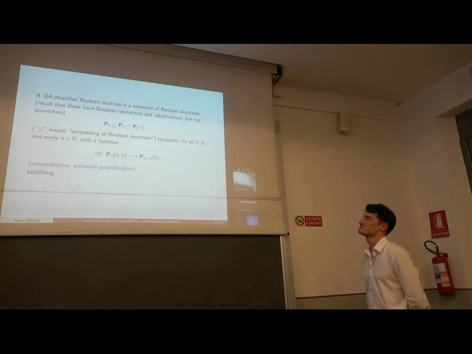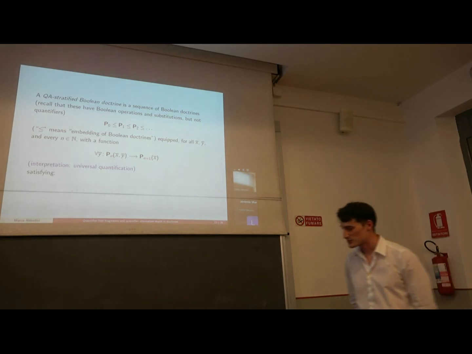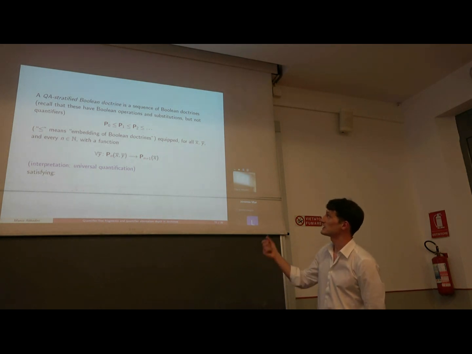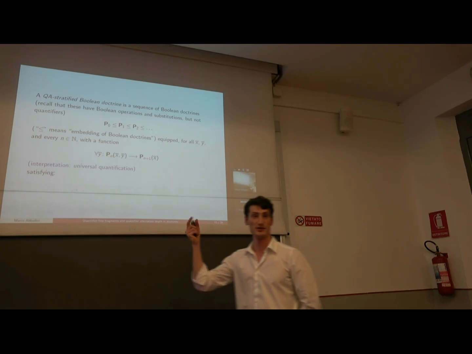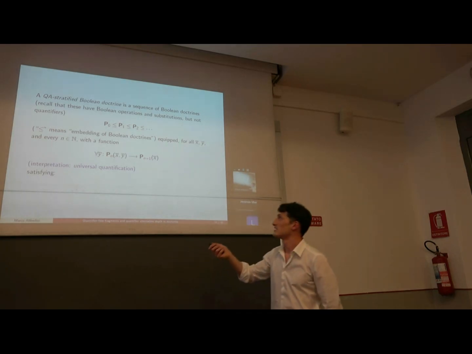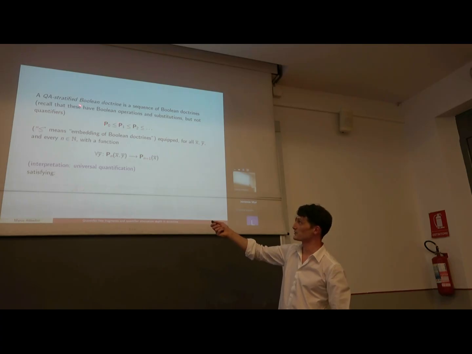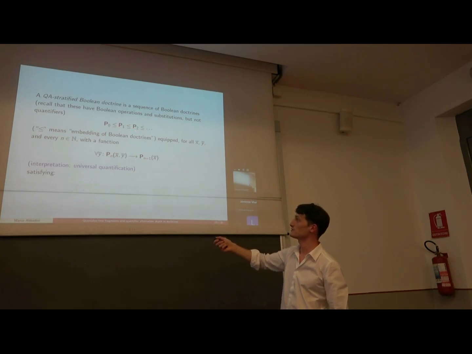That's the definition. We call it a QA stratified Boolean doctrine. This is a sequence of Boolean doctrines. So here we have substitutions and Boolean operations, but not quantifiers. This is nested, meaning that P0 embeds into P1, embeds meaning that it respects these operations, P1 embeds into P2.